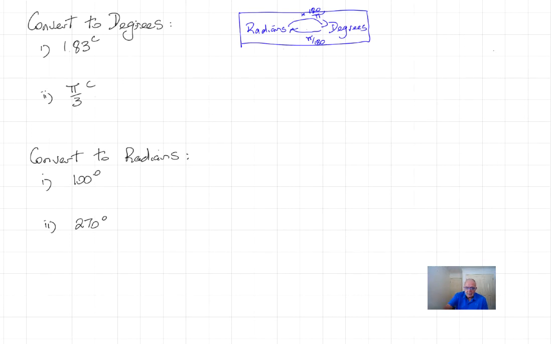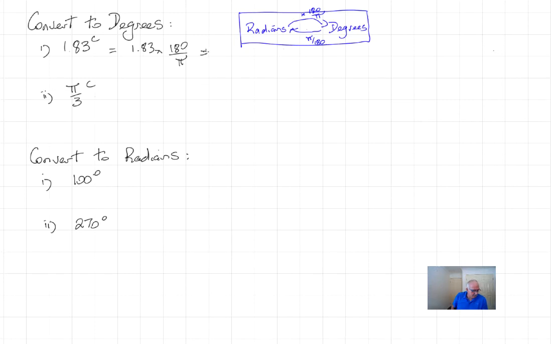So we're going here to convert 1.83 radians to degrees. C stands for circular measure. So we are actually going to multiply by 180 over pi. So that'll be equal to 1.83 times 180 divided by pi.